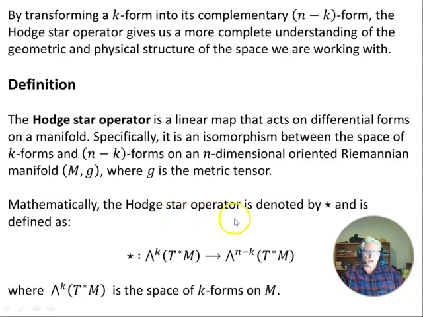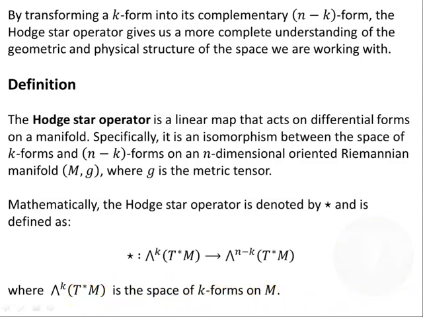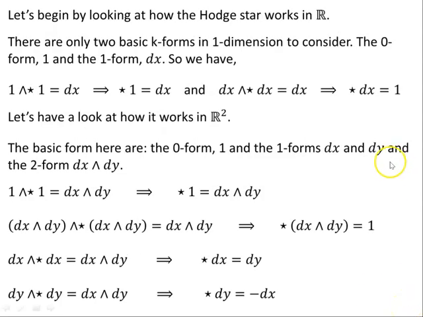Mathematically, the Hodge star operator is denoted by the star and is defined as a mapping from the space of k-forms on the dual tangent space, or cotangent space, to the space of n minus k forms on the same dual tangent space, where capital lambda k of the cotangent space is the space of k-forms on M. Now let's move on.